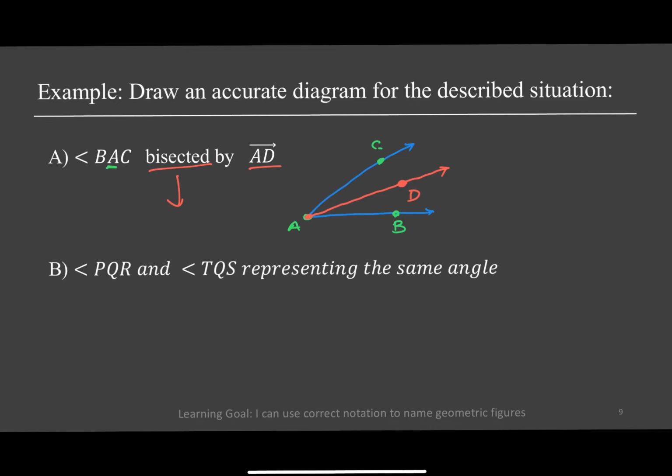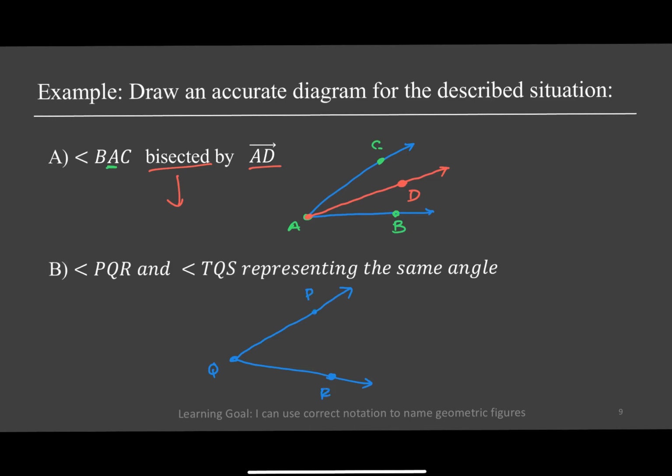And so for our last example, we have angle PQR and angle TQS representing the same angle. So just start by drawing either of those two. And again, it doesn't specify what type of angle it is, so you can draw it as open or closed as you'd like. But if I label angle PQR, again, Q has to be my vertex, but for the other two, it doesn't really matter which one goes where.